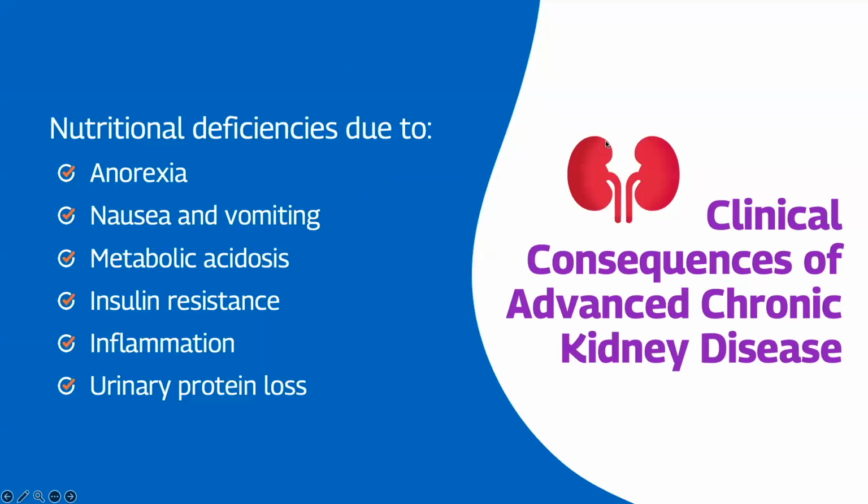So our patient's health is going to be further challenged by the malnutrition that can occur in CKD stages 4 and 5, and it's going to be associated with an increased risk of death.